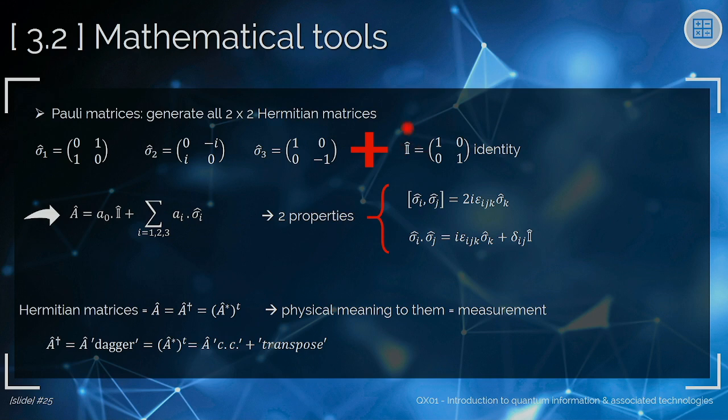And then you have 3 others, which we call Pauli matrices. For now, we will call them sigma 1, sigma 2, and sigma 3. Again, there is a small hat on top. We will see why.